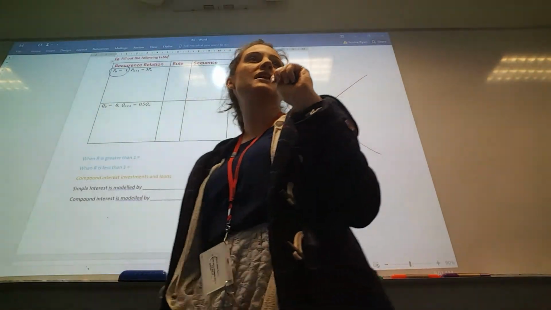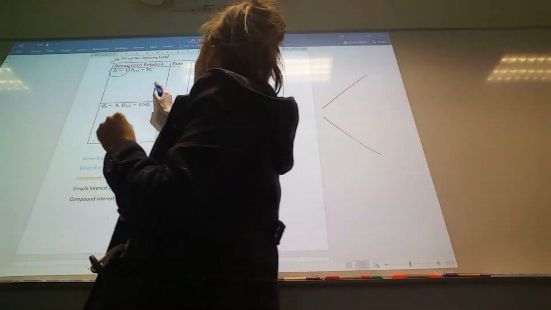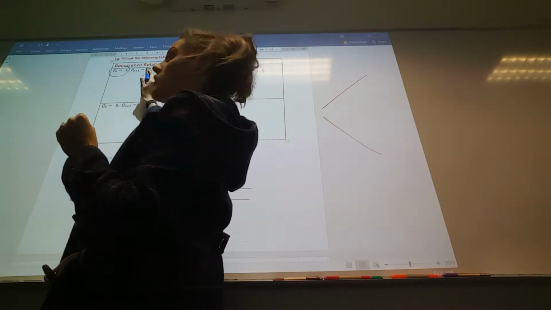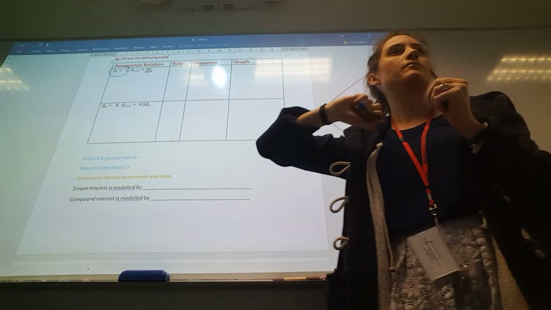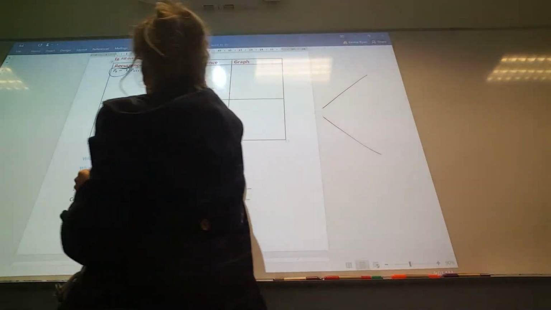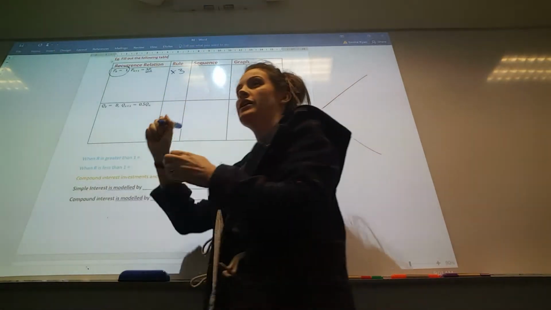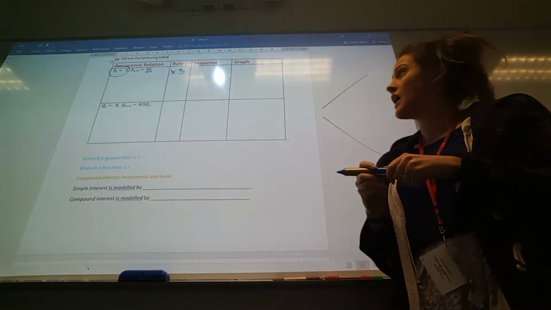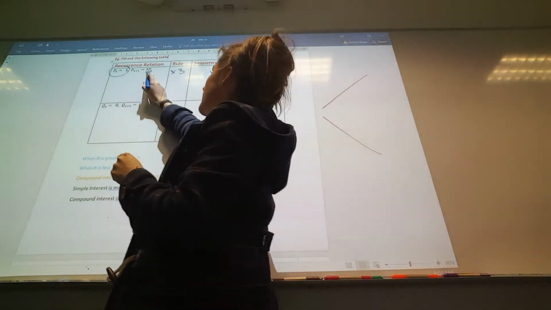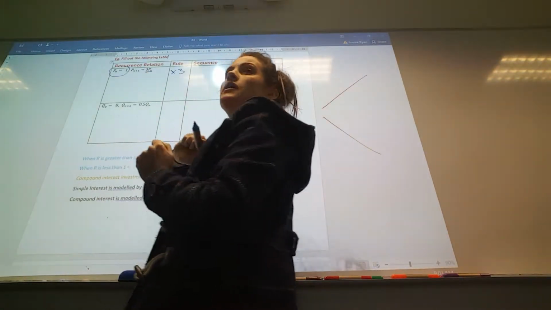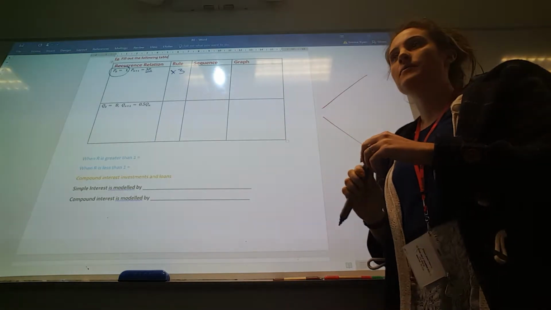This is telling us what are we doing? Yep, we are multiplying by 3. That is the rule. This bit here is telling us we are multiplying that term by 3.